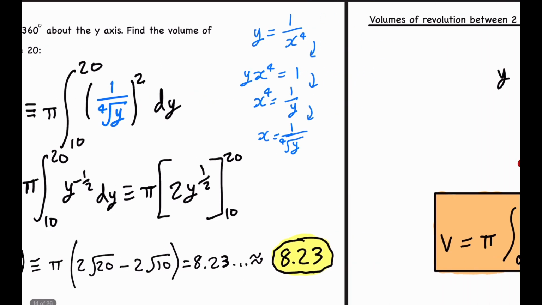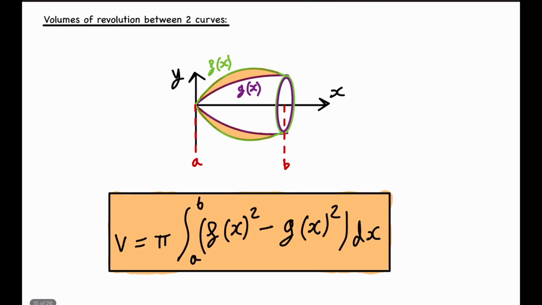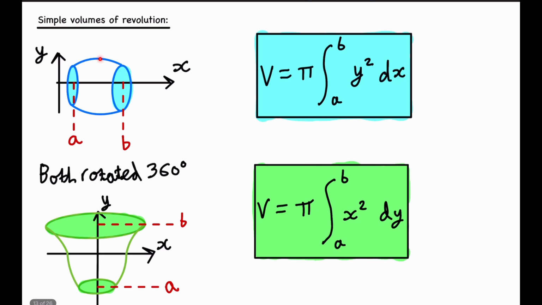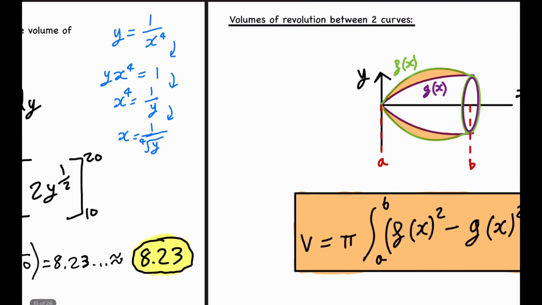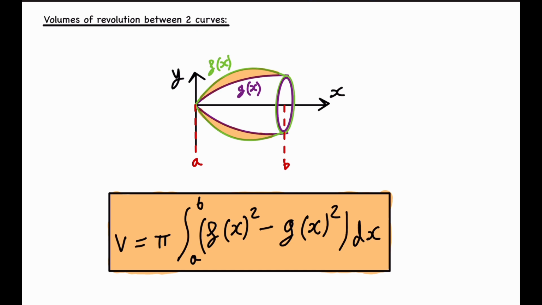So now let's move on to volumes of revolution between two curves. So in the case before, we only had one curve, where you just have one curve, you rotate it around the x-axis or the y-axis. And in this case, we'll keep it simple for A-level further maths, where you only have to rotate it around the x-axis when you have two curves.